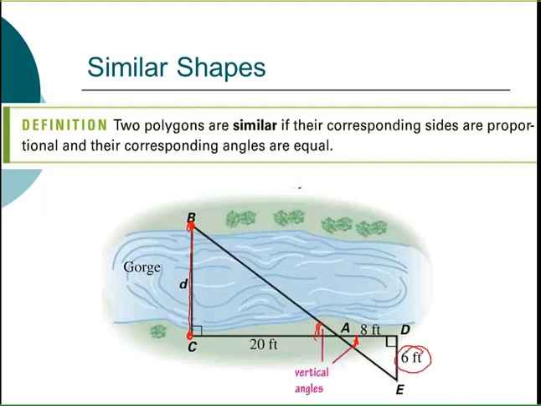And this 6 here would match up with this D right here. It's not that they're the same, but that they are proportional. So 8 has a proportion with 20. So what that means is I can set up a ratio with corresponding parts and put them over top of each other. So 8 is to 20 as 6 is to D. And I didn't make it very nice for myself. It'd be a lot easier to solve if I wrote it the other way and wrote that 20 is to 8 as D is to 6.